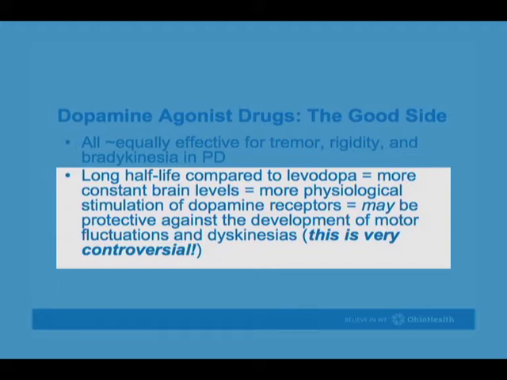And there has been a lot of kind of controversial thought about whether this may confer some protection against the development of these fluctuations and dyskinesias that I talked about.